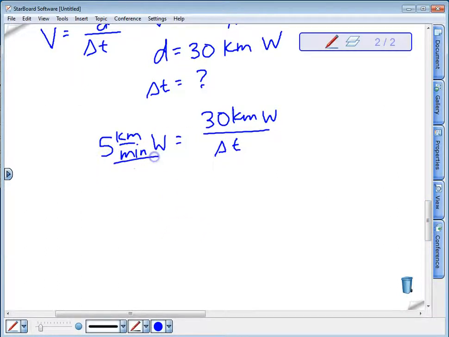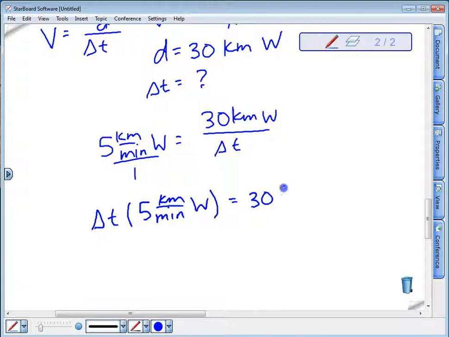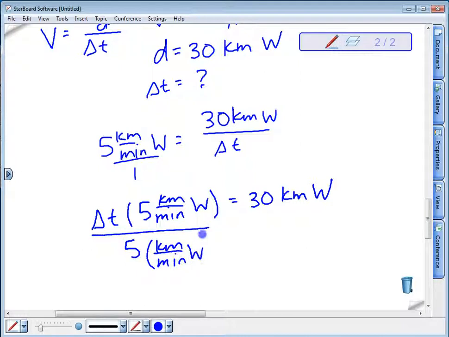To solve this, I can do the same thing, cross multiply or use algebra, and I get change in time times 5 kilometers per minute west equals 30 kilometers west. I need to divide both sides by 5 kilometers per minute west.